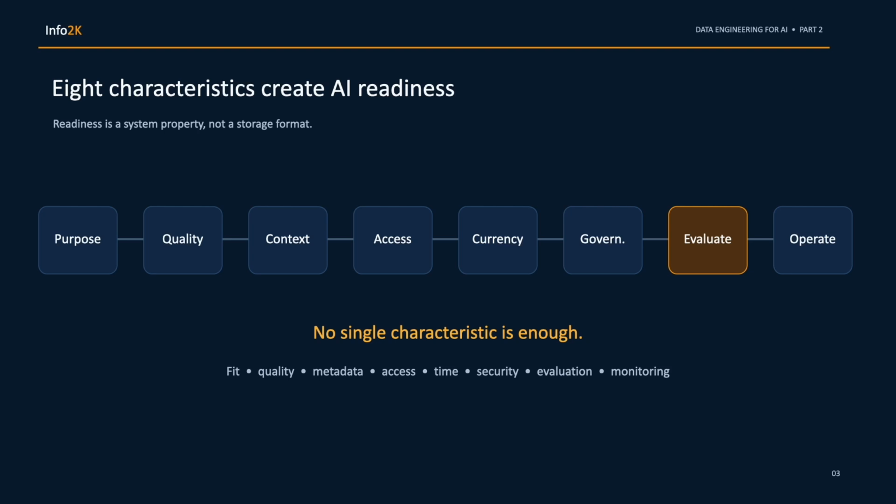No single characteristic is enough. High quality data without context can be misunderstood. Accessible data without governance can create exposure. Governed data that is stale can still generate incorrect outcomes. AI readiness is therefore a property of the complete data system.